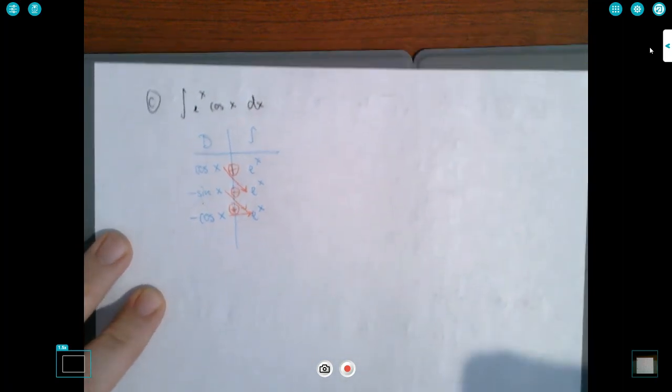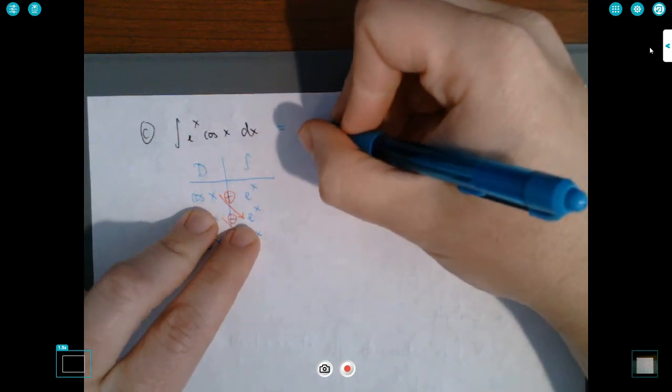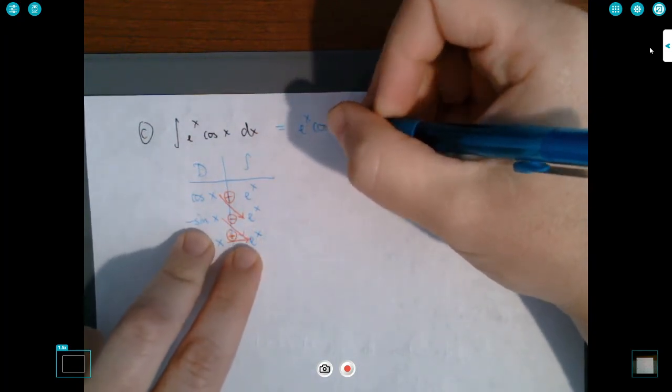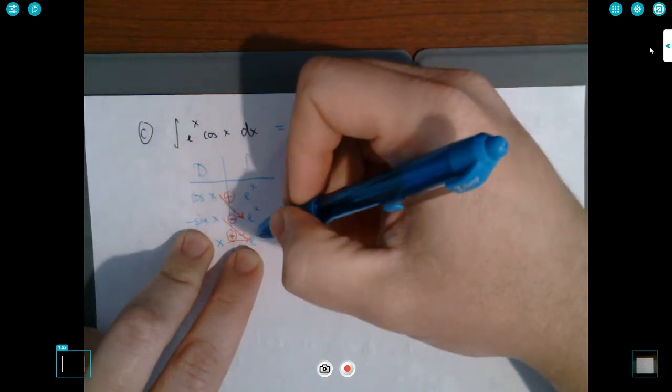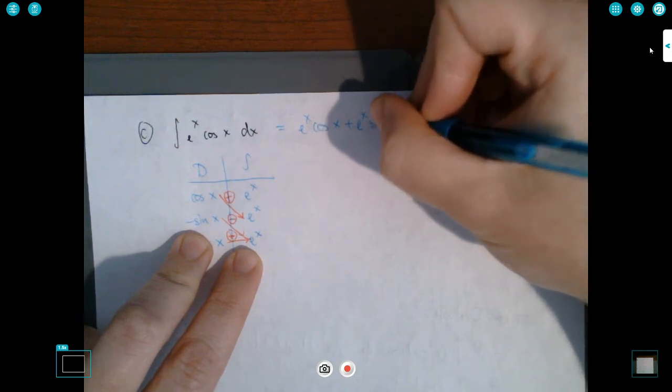Okay, so here's what I've got. This is going to be e to the x cosine x minus negative e to the x sine x. So that's really plus e to the x sine x.